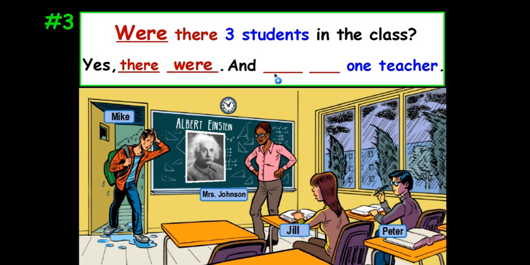And there was 1 teacher. Repeat. Were there 3 students in the class? Yes, there were. And there was 1 teacher.